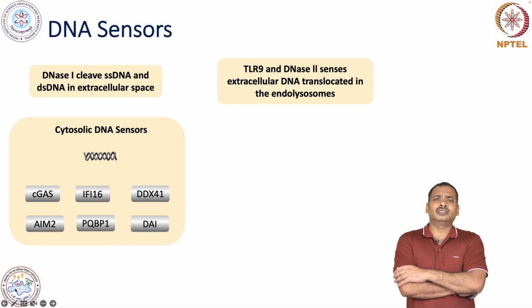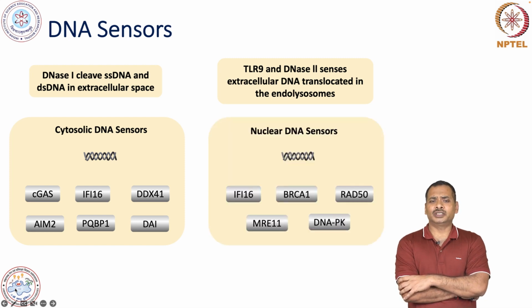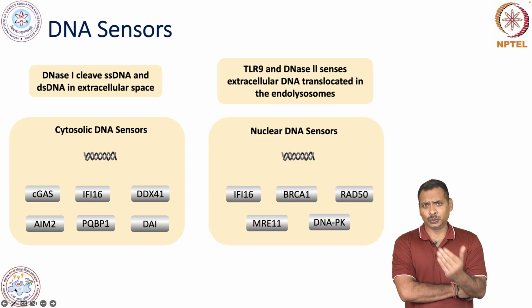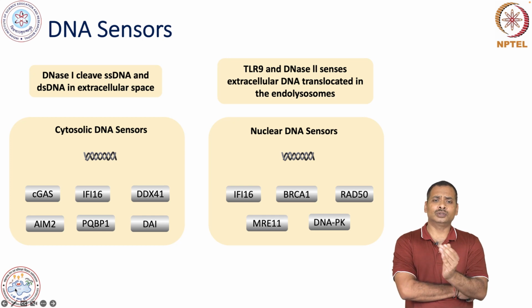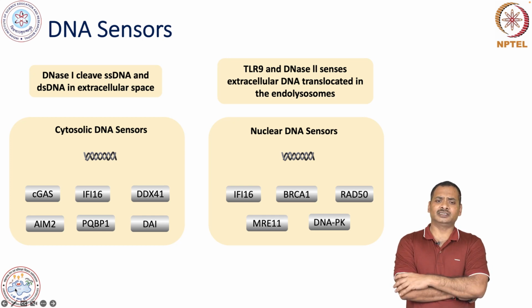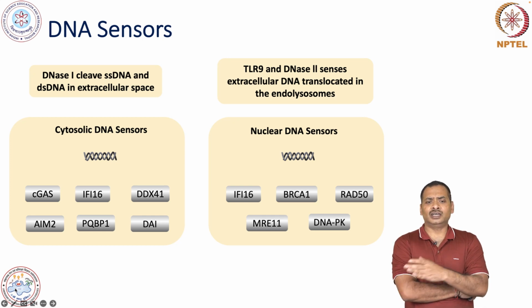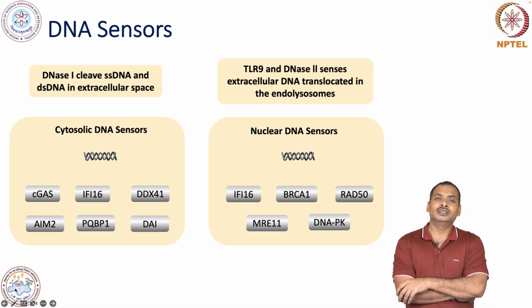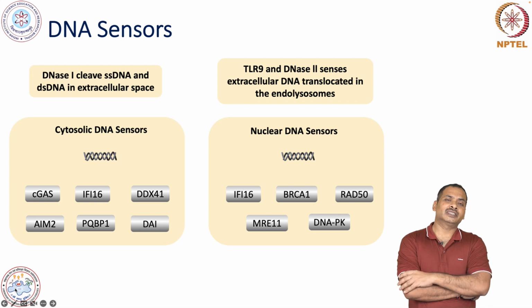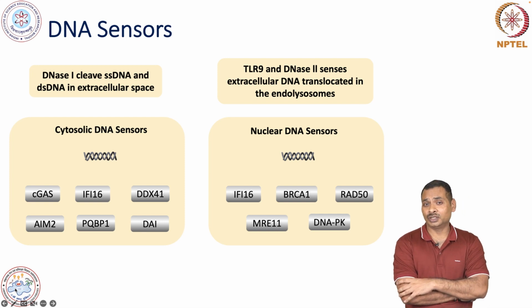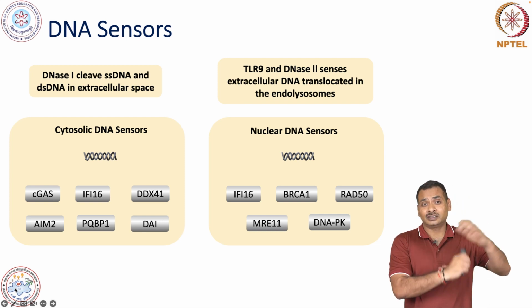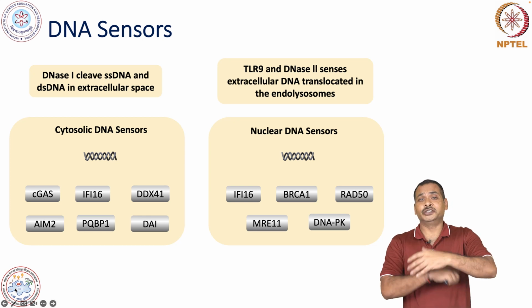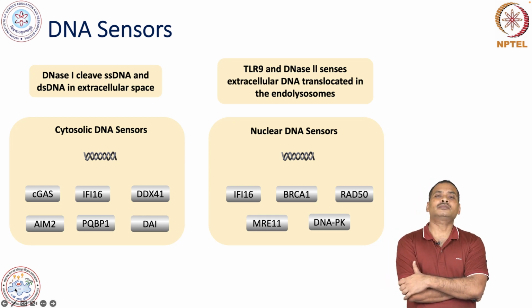In addition, DNA sensors are also reported in the nucleus. There are nuclear DNA sensors, and one is IFI16. IFI16 basically senses the DNA molecule in the cytosol as well as in the nucleus.